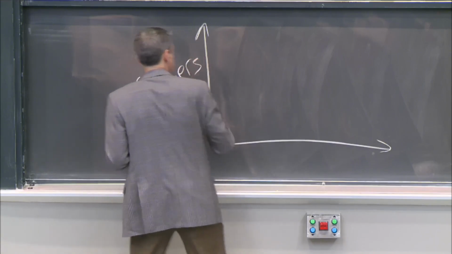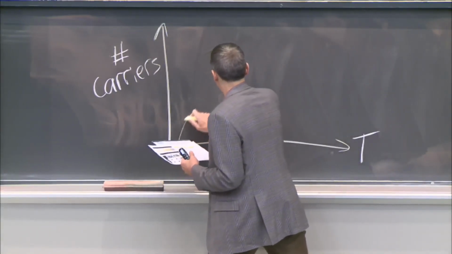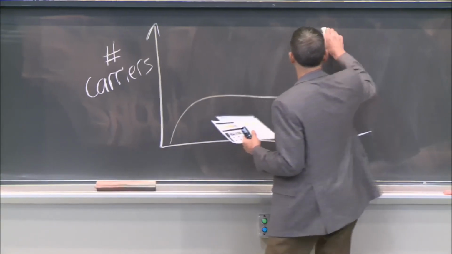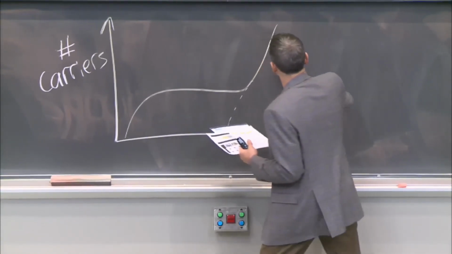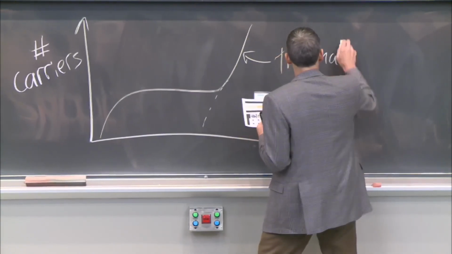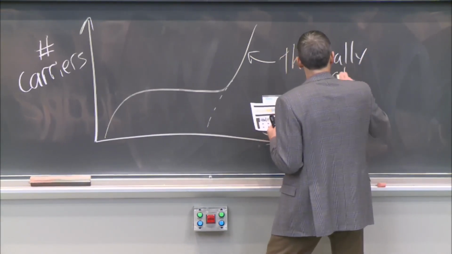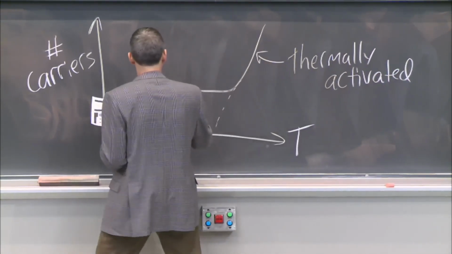And remember, these are electrons that carry current, right? And we sort of drew something that looked like this. Now, remember, these are thermally activated, and this is thermally activated, and these are from dopants.